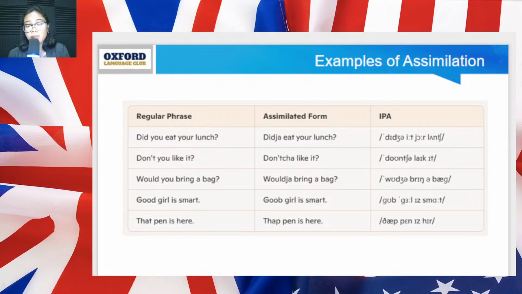Next to that, we tried to understand why assimilation happens. And after understanding everything, I've provided you some examples.